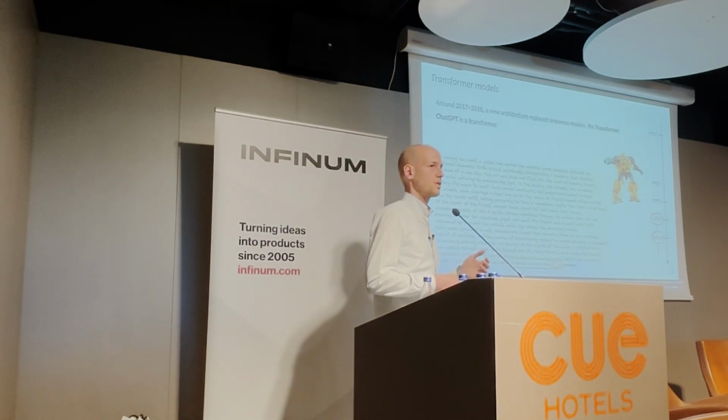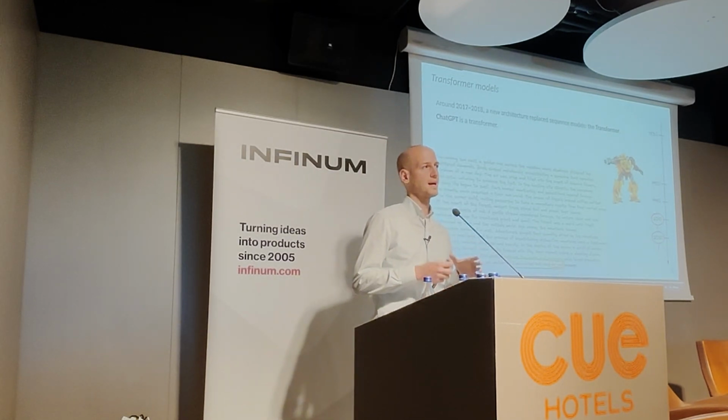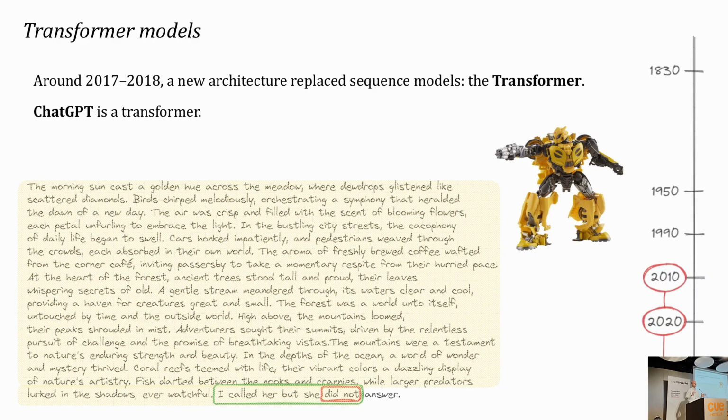Scientists realized that they were not enough. They were not having good precision because they didn't put too much attention on a broader context of words and sentences. So in 2017 and 2018, a new architecture rose to popularity, and it was called the transformer. And the ChatGPT that we have today is a transformer model.